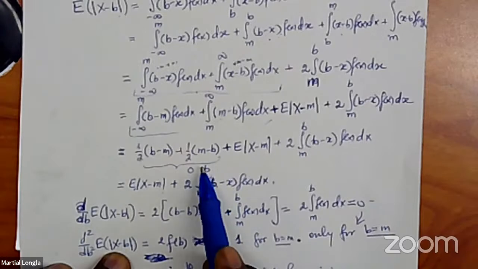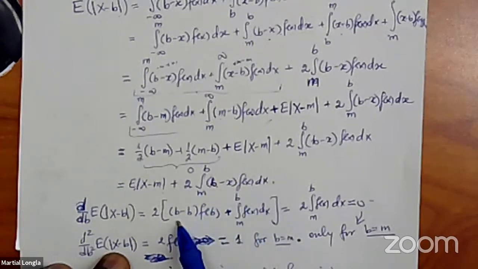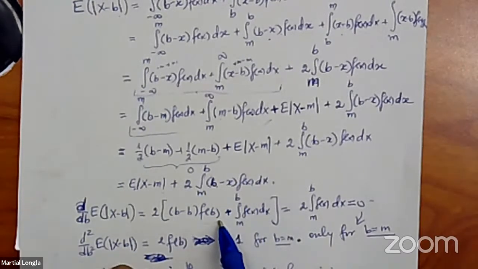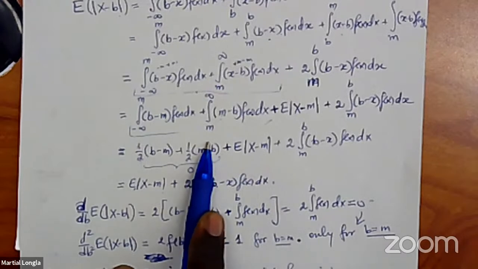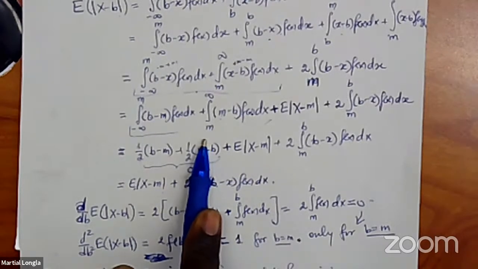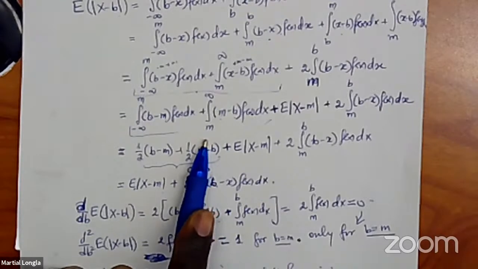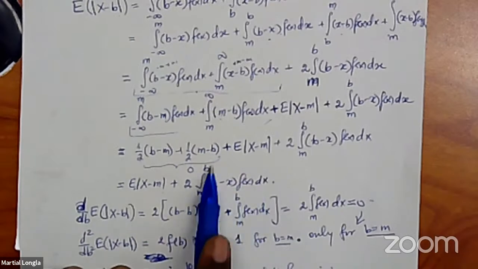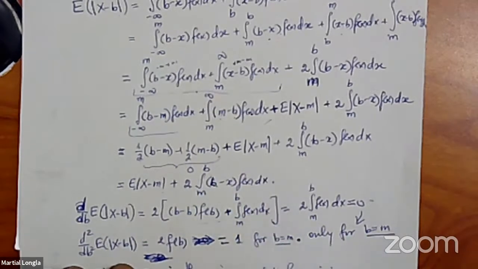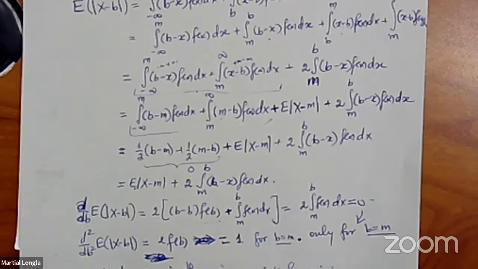So if I take derivative with respect to this b here, I'm going to have b minus b times f of b, plus, now I'm going to take the derivative of that thing inside here. Is 1. Derivative with respect to b, it's 1 times f of x, and then integral from m to b f of x dx. That's how you get that derivative.